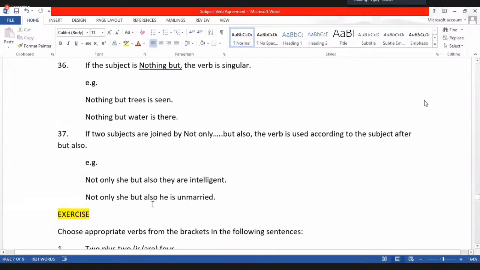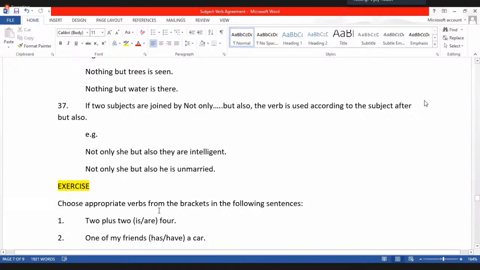And the last rule is, see, if two subjects are joined by not only but also, then we use the verb according to the subject which comes after but also. But also पछि जुन subject आउँछ, according to that subject we use the verb.